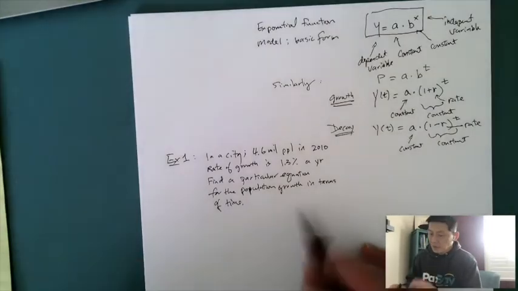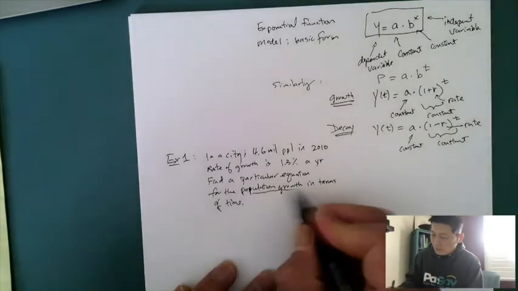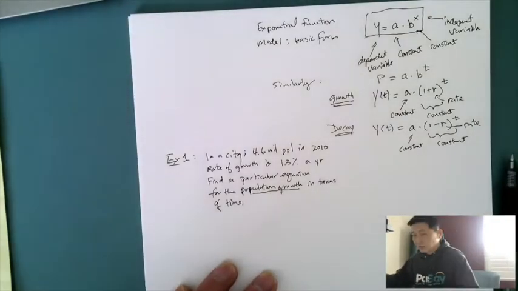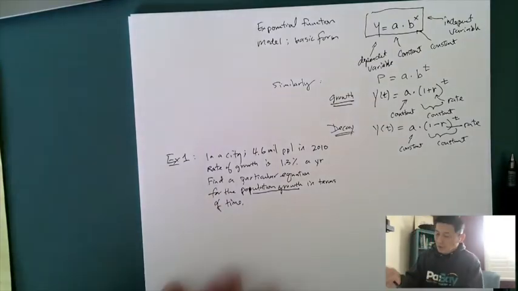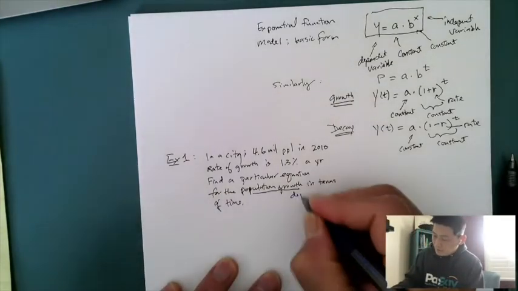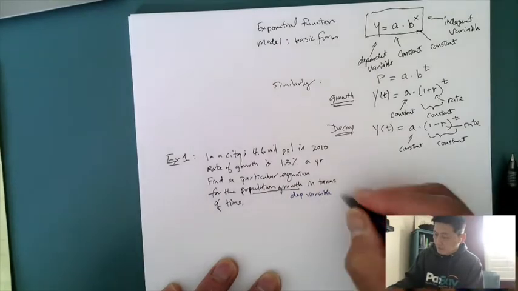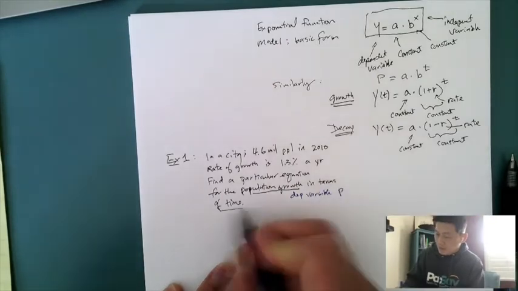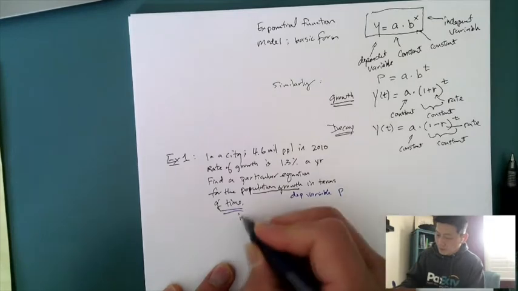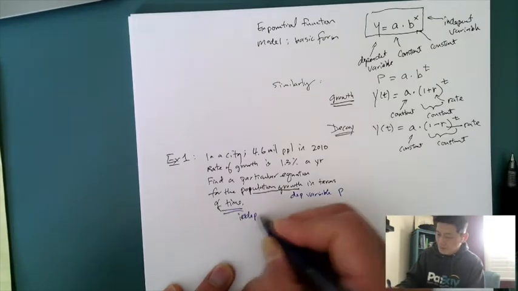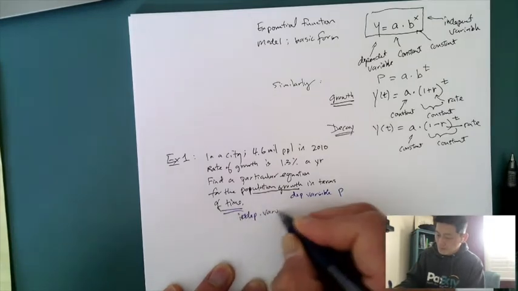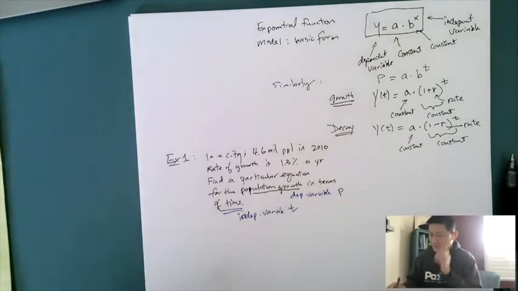It means in this case the population growth. This is the dependent variable. We can call it P, and time in this case is the independent variable. We can call it T.